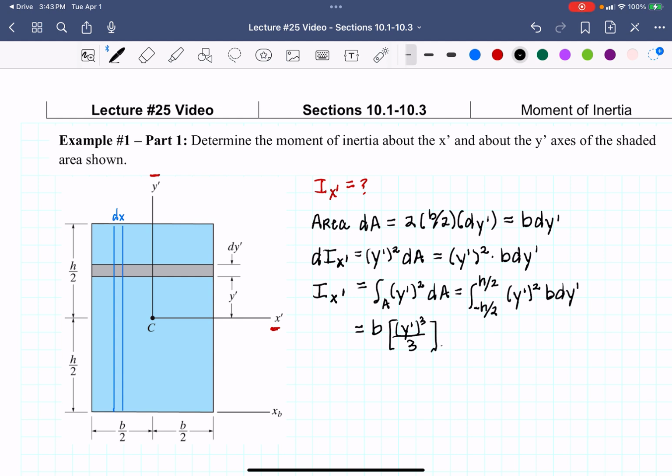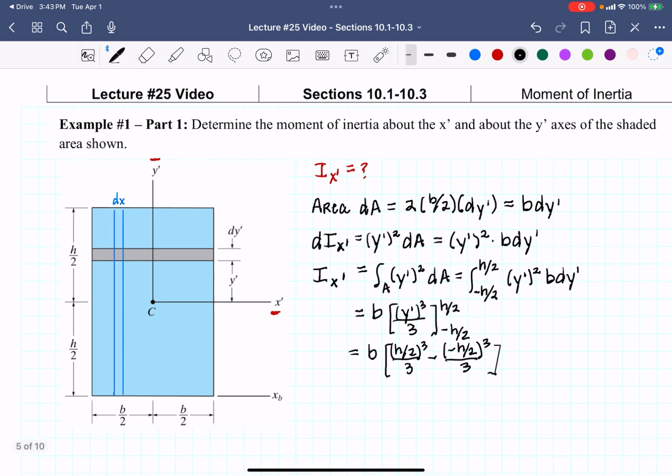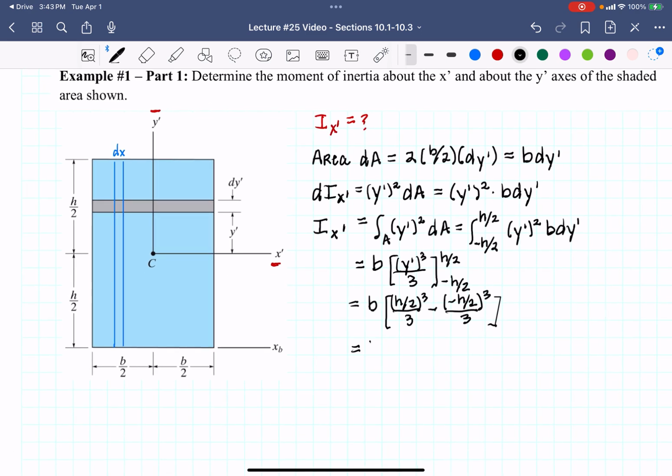Integrate that from negative h over 2 to positive h over 2, which is going to give me b times h over 2 cubed over 3 minus negative h over 2 cubed over 3, which, if I keep working that out, equals b times h cubed over 24.